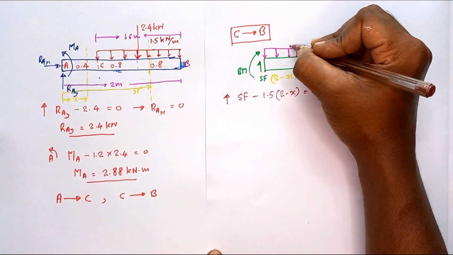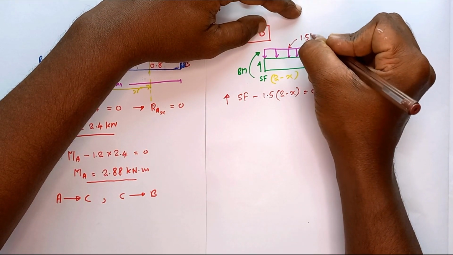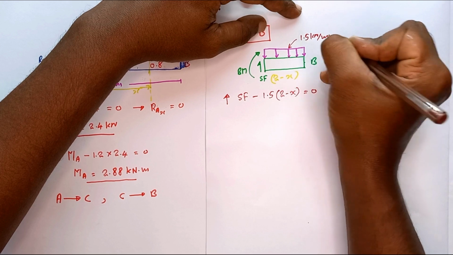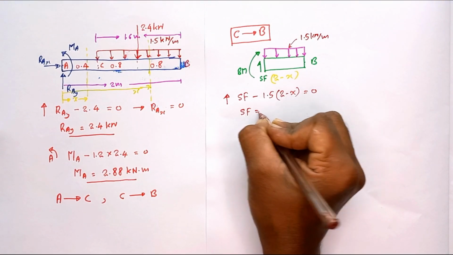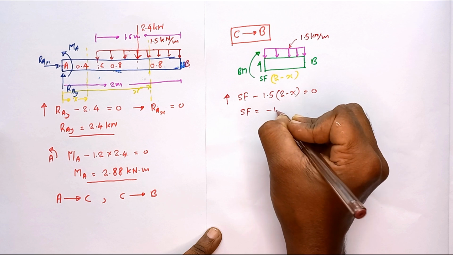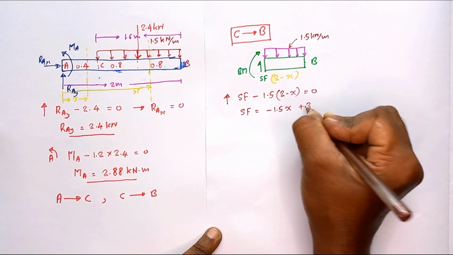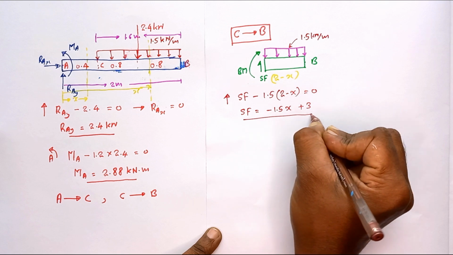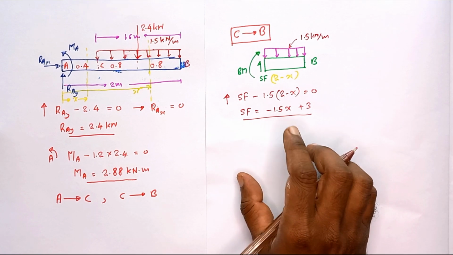Here we have to mark the intensity 1.5 kilonewton per meter. Then the shear force equation is equal to minus 1.5x plus 3. This is the shear force equation.